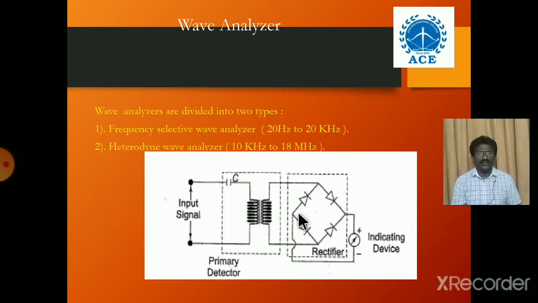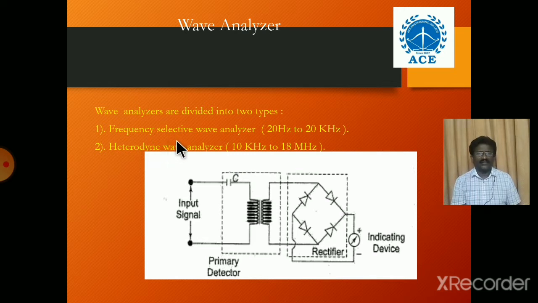Here is the circuit diagram of the wave analyzer. We can classify wave analyzers into two types: one is the frequency selective wave analyzer and the other is the heterodyne wave analyzer.